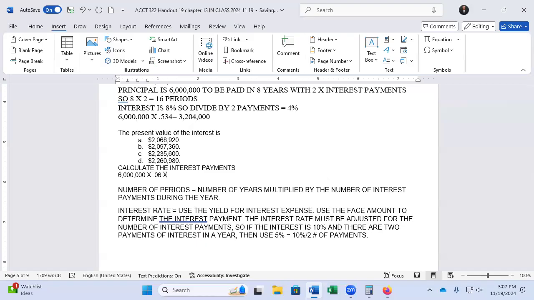And then we're going to multiply that times the time. And this is 1 year, so it'll be 12 months over 12 months, which is just 1. So it doesn't change anything. And so that's 360,000.